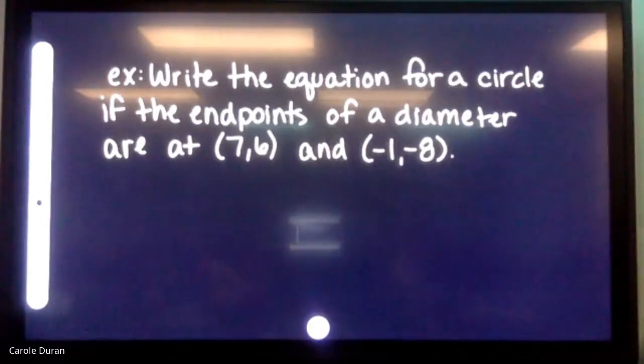This particular example asks us to write the equation for a circle with endpoints of a diameter located at 7, 6, and -1, -8. I know to write the equation of a circle, I need the center and I need the radius. I don't have either of those pieces of information right now.